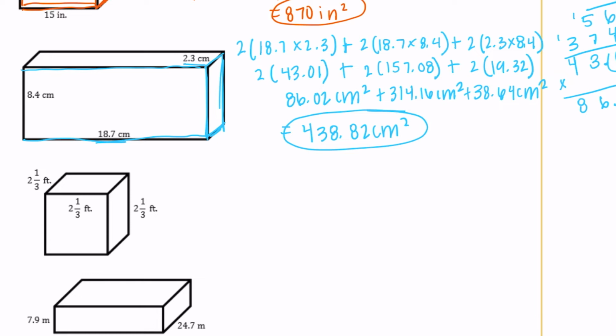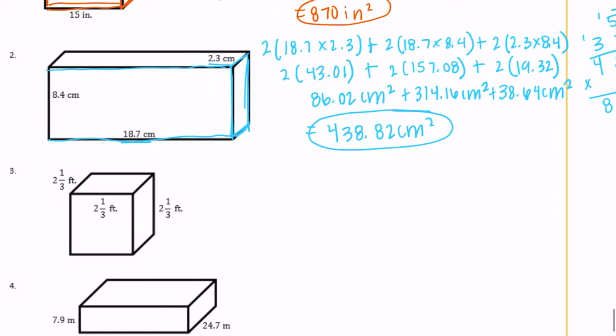Okay, oh good, fractions. All right, so let's do the top and bottom bases first. We'll have 2 groups of 2 1/3 times 2 1/3. Oh, but you notice it is a cube because all the side lengths are 2 1/3. So we can do the formula 6s squared.